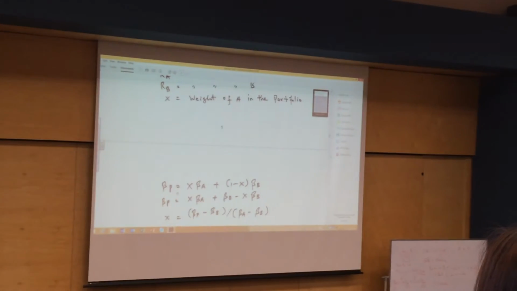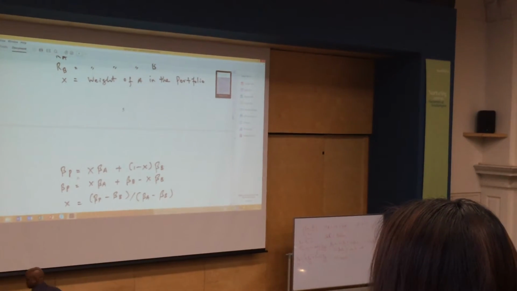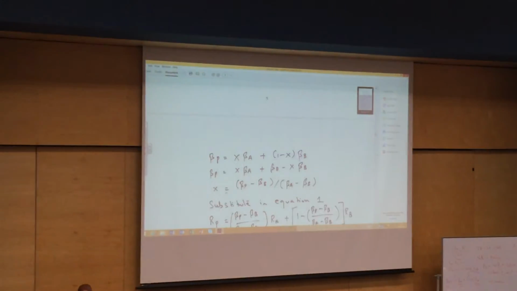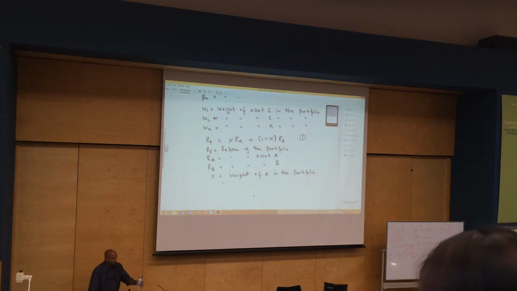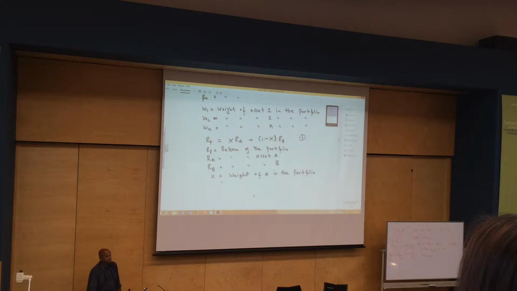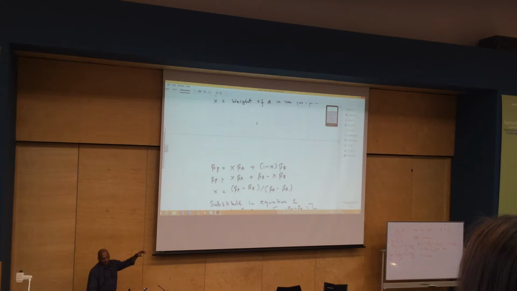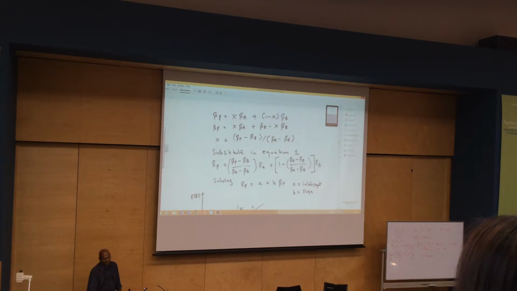That's x. What do you do with this x now? Equation 1 over there has x in 2 places. You stick that x we just found into that equation 1. You get something like that.